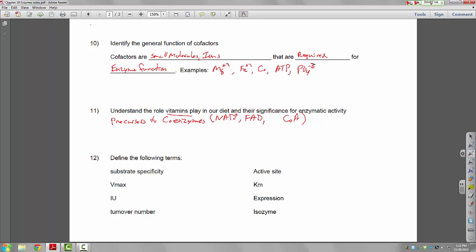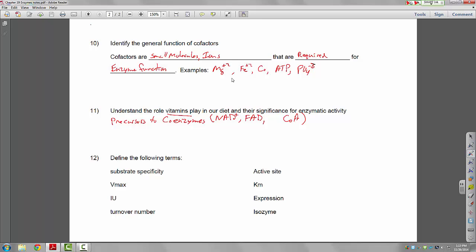So NAD, FAD, CoA. Niacin is a precursor to nicotinamide adenine dinucleotide, this NAD. Riboflavin is the precursor to flavin adenine dinucleotide, and pantothenic acid is a precursor to coenzyme A. In any event, these coenzymes are also required for function, but they're larger, not small molecules, and they're organic, not inorganic ions like these.